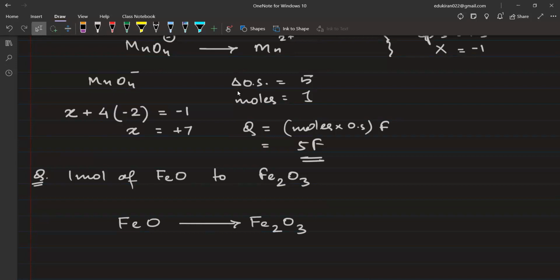What is the oxidation state here? You will get the delta OS, and then 1 mole is there, so you will multiply by 1, and that is the Faraday you are going to get.